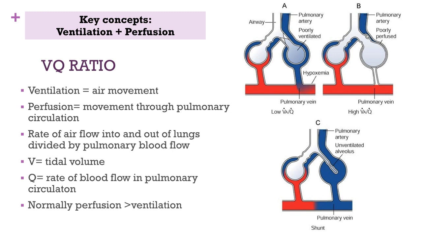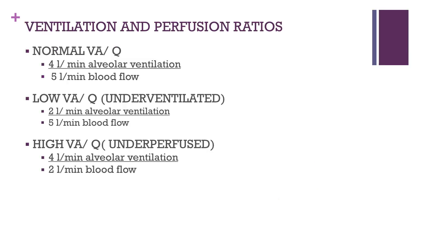What we're having is a mismatch: either there is more ventilation than there is perfusion, so we're not getting enough blood flow there, or we have less perfusion than we need to pick up the gas that is being brought in. So we can have a ventilation perfusion mismatch.